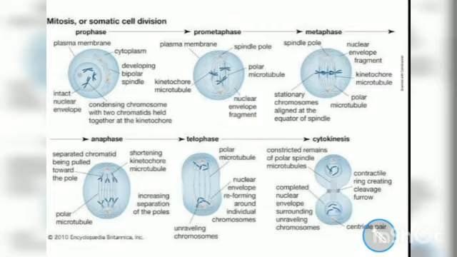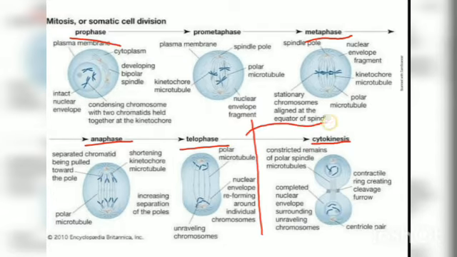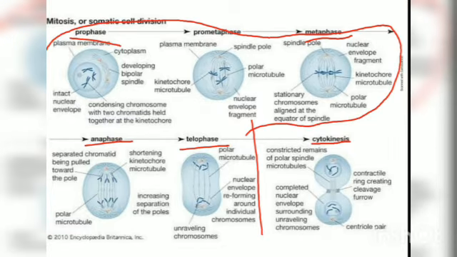One is prophase. Look at here, this is prophase, metaphase, anaphase, telophase. Up to this point your cell undergoes the division of the nucleus. Then the cytoplasmic content divides when the cell enters the cytokinesis stage.